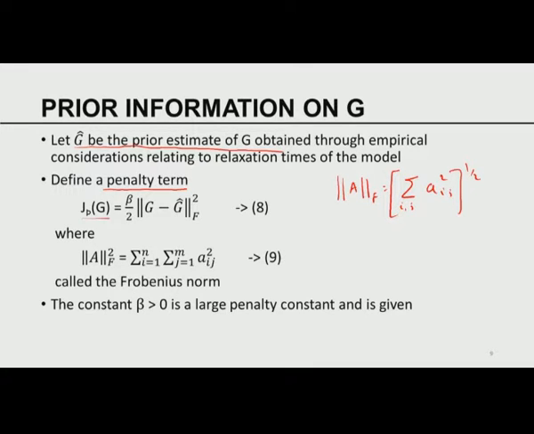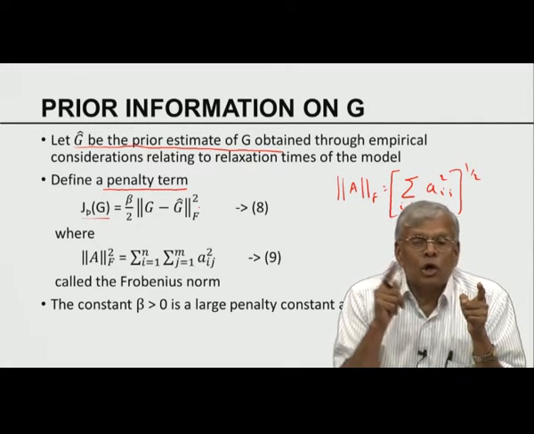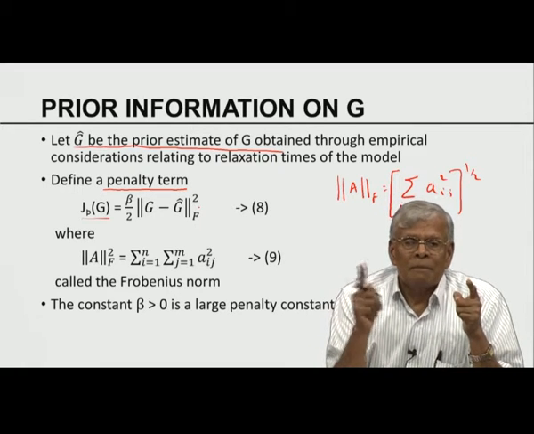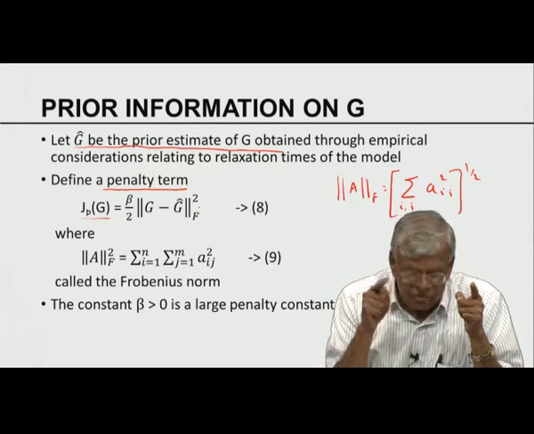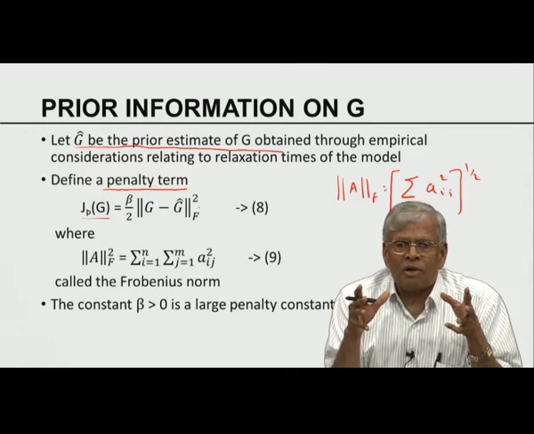So the penalty term relates to the difference between the two. What does the penalty term tell you? I am interested in designing an optimal G. I know they have been using G hat, which was obtained from heuristic consideration.